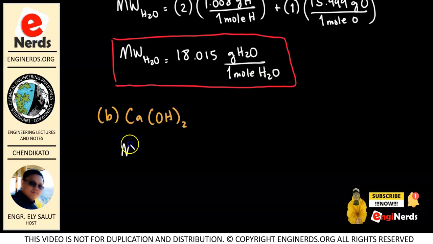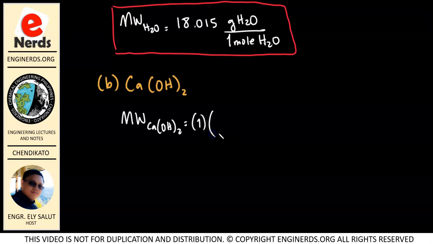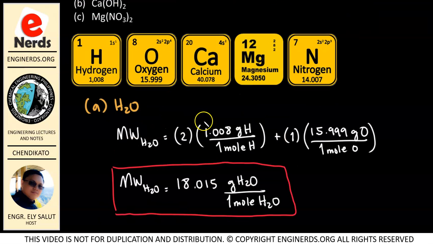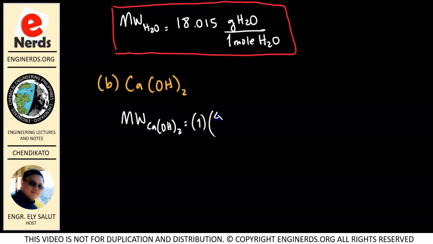Okay, so the molecular weight of Ca(OH)2 is equal to how many calcium or how many atoms of calcium do we have? It's only 1. Then what's the molecular weight of calcium? We have 40.078. So 40.078 grams of calcium for every 1 mole of calcium.